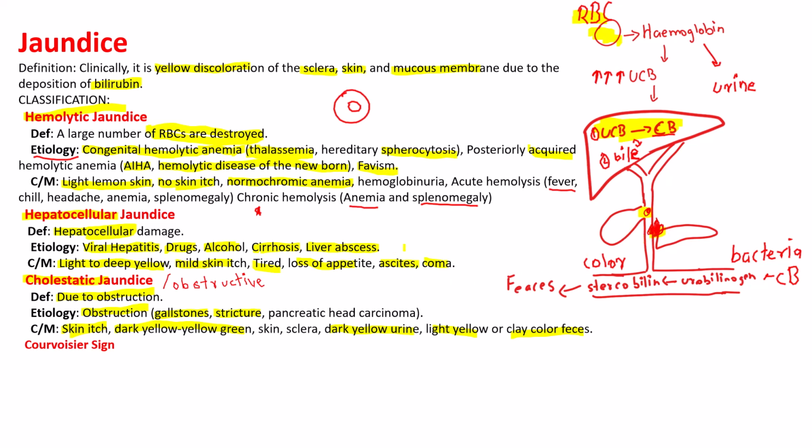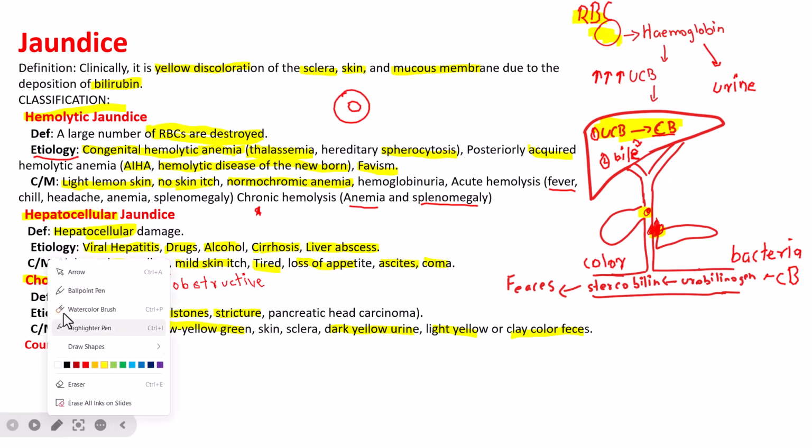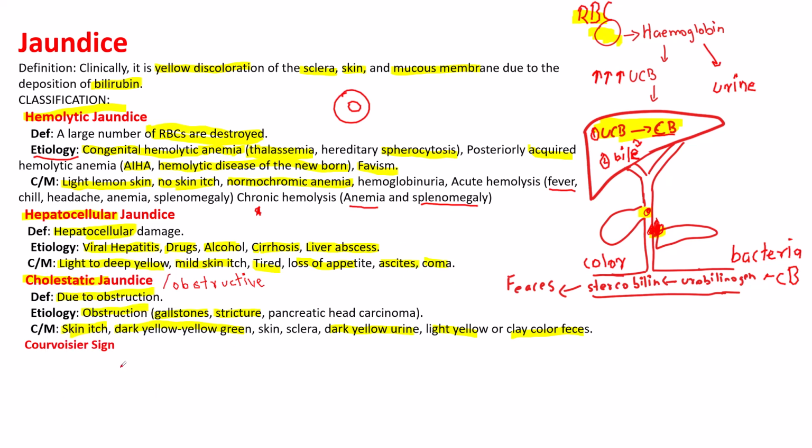This sign states that if we have a dilated gallbladder, first, we have a dilated gallbladder, meaning this is our normal gallbladder, and in a dilated gallbladder, it increases in size a lot. We have a dilated gallbladder as the first sign.